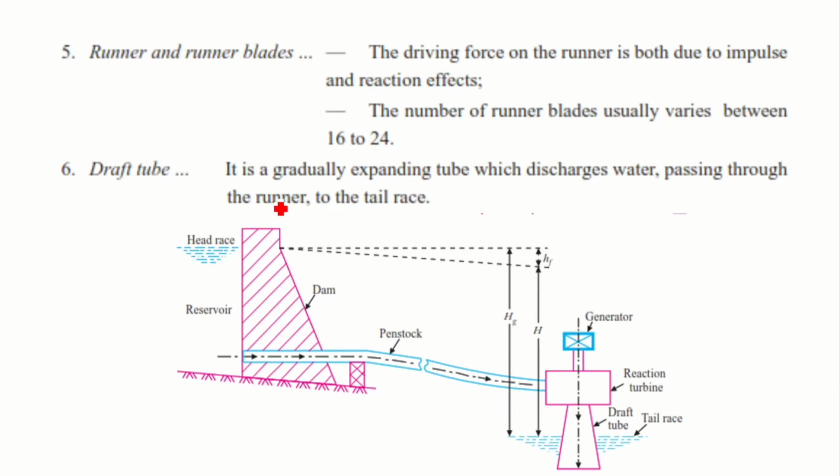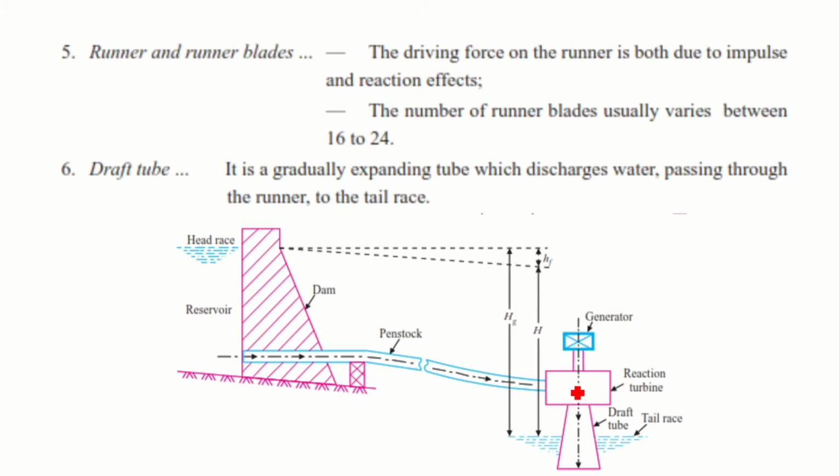Next, a draft tube. It is a gradually expanding tube which discharges water passing through the runner to the tail race. So this is a representation of the dam and the arrangement of a reaction turbine. From the dam, the penstock carries water to the inlet of the turbine.